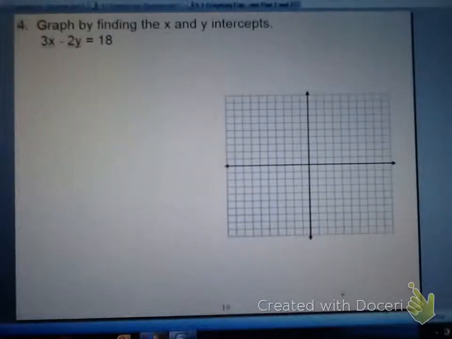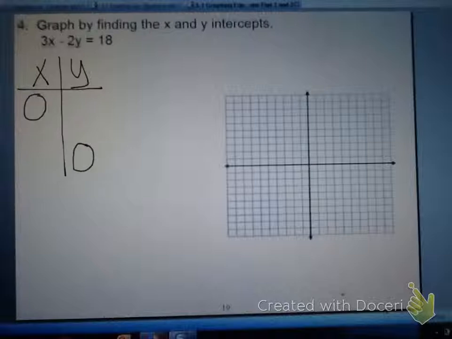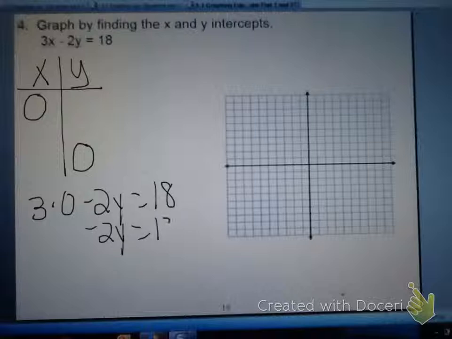Number 4, graph by finding the x and y intercepts. Okay, this is just a quick review of the part 1. To find your x and y intercepts, it doesn't really matter which one you do first. You give x 0, find y, and then give y 0, find x. So if x is 0, y is -9.